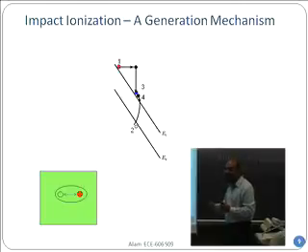And once they scatter, it will kick an electron out from the valence band into the conduction band. And in the process, 1 will lose its energy, become 3, right? Because it has to kick somebody out, it had to give that energy.